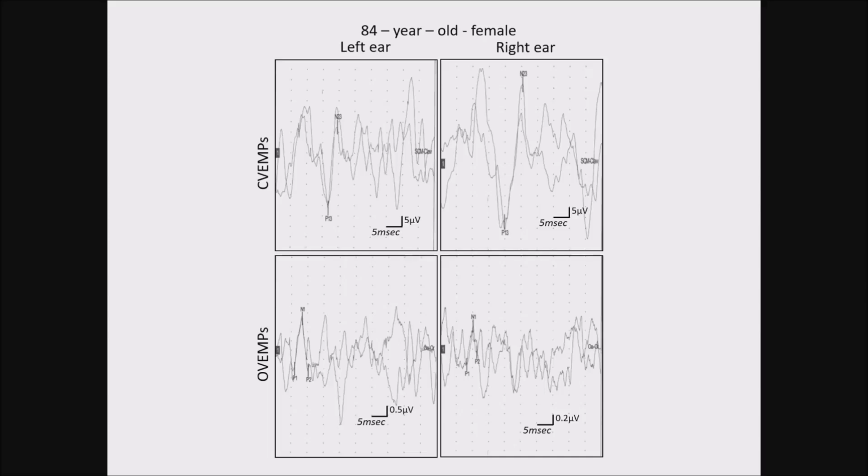Clearly not a bilateral vestibulopathy, especially with regards to the VEMPs. Beautiful, reproducible responses, both with regards to the C-VEMP and the O-VEMP response in an 84-year-old. So, at least in our hands, difficulties with elderly patients are very rare, at least up to now with our experience. So you can record VEMPs in elderly patients. You need the experience to do so.